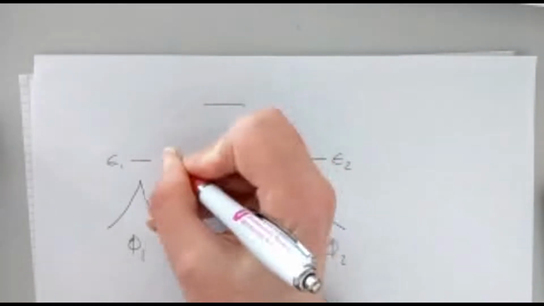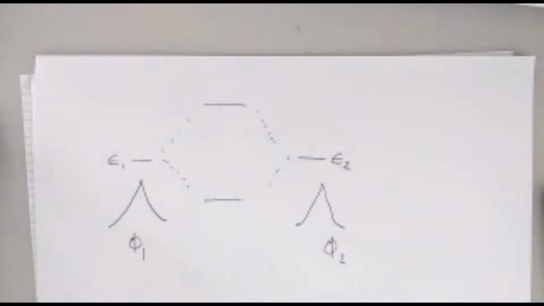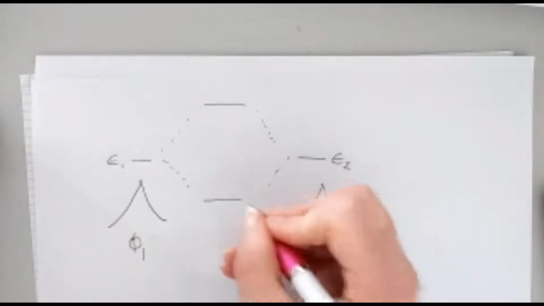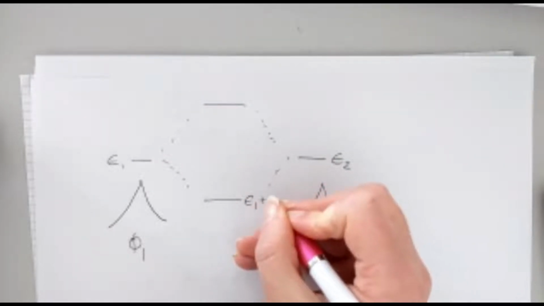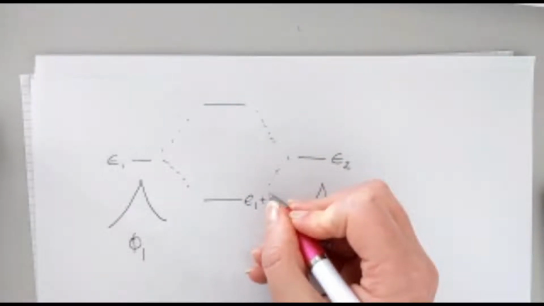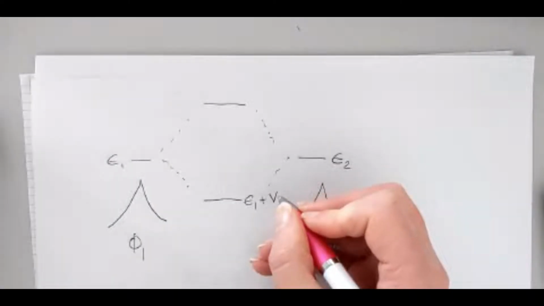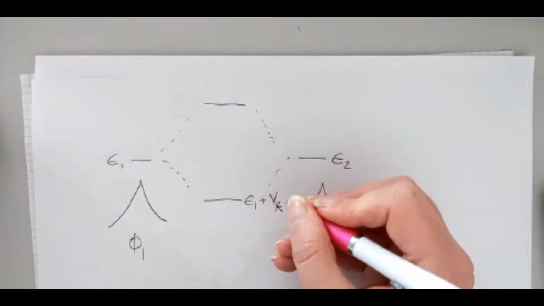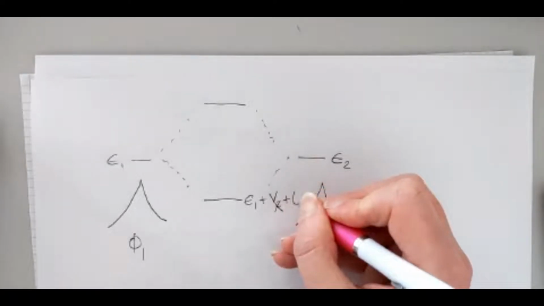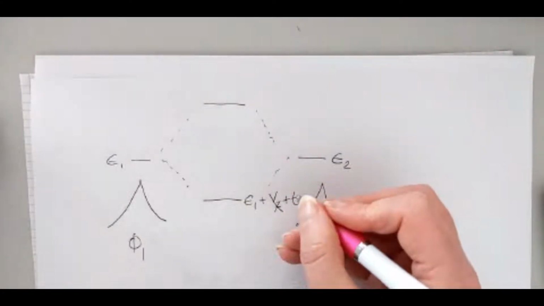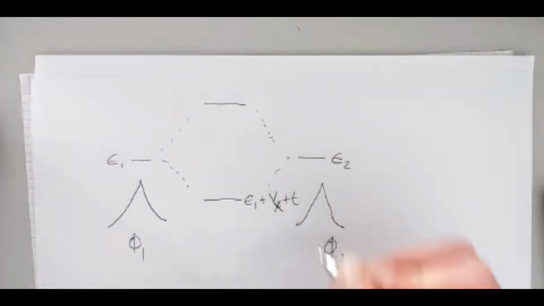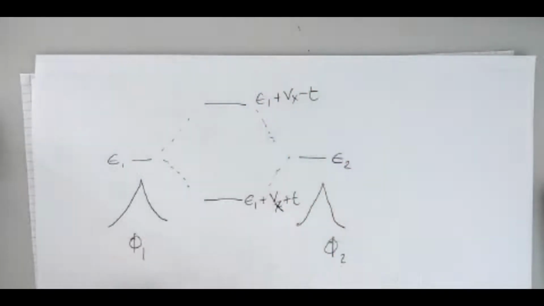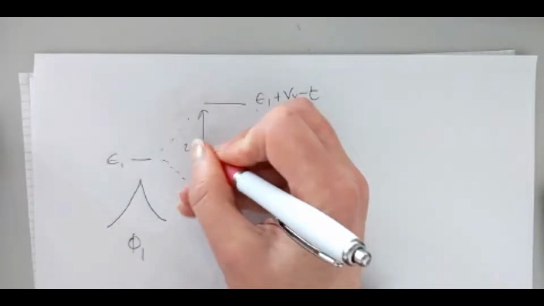We still find that we have two energy states, but this one is at epsilon 1 plus V cross, plus or minus T, depending on how you defined it the first time, if T is an attractive or repulsive interval. And this one's epsilon plus V cross minus T. So they're separated by 2T.